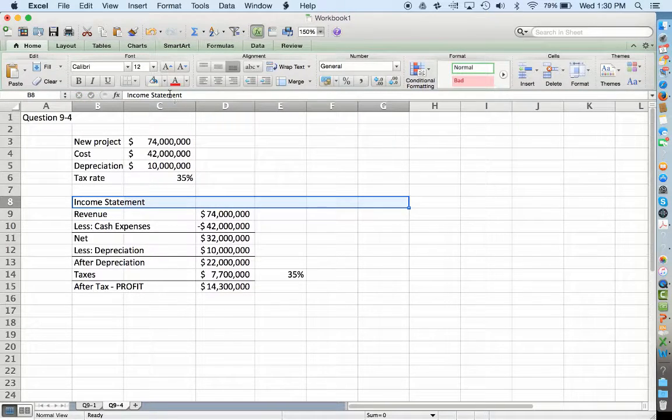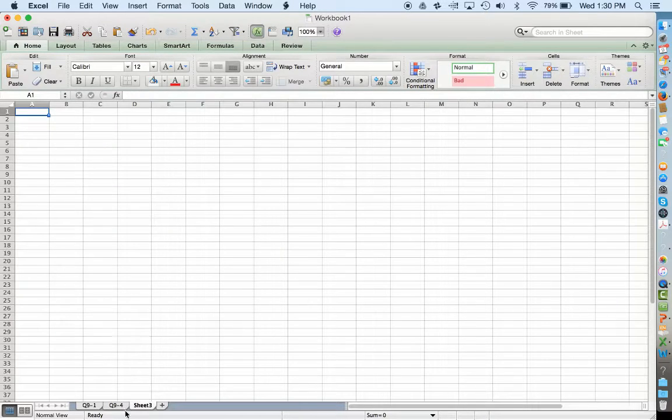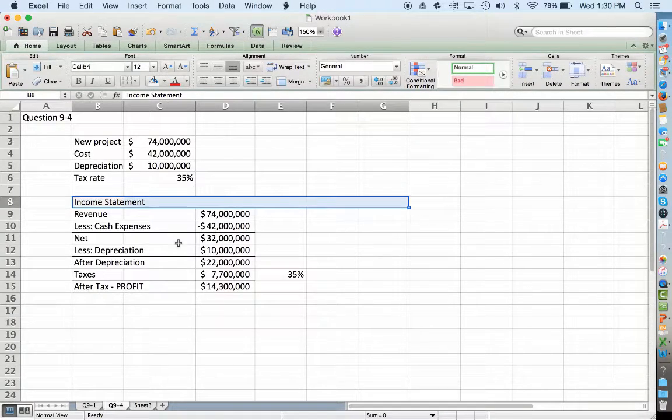Whoops. That is fantastic, but that's not our goal. Our goal is cash flow. So we have to do one thing to turn net profit or after-tax profit into cash flow. What we have to do is add depreciation.